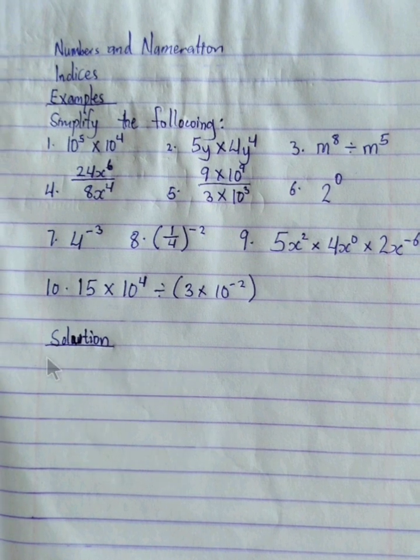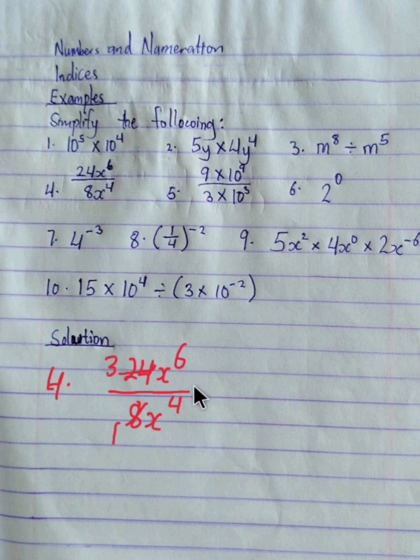Example 4, we have 24x raised to the power 6 divided by 8x raised to the power 4. 8 in 8, 1, 8 in 24, 3. So we have 3x raised to the power 6 over x raised to the power 4. This is an indices, also this.